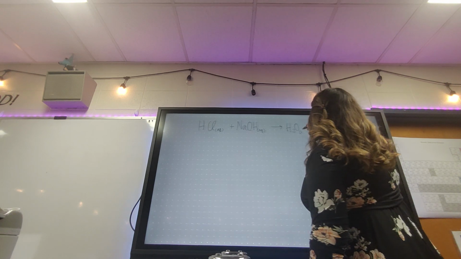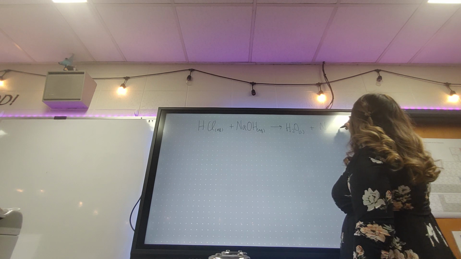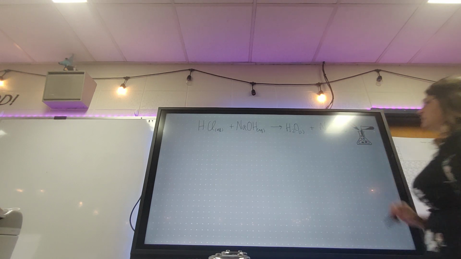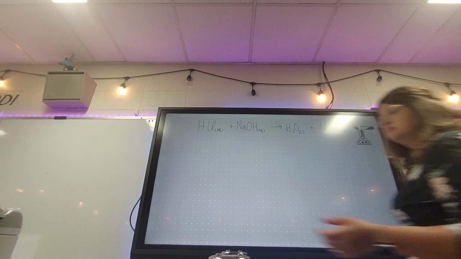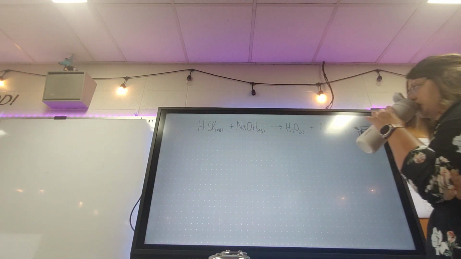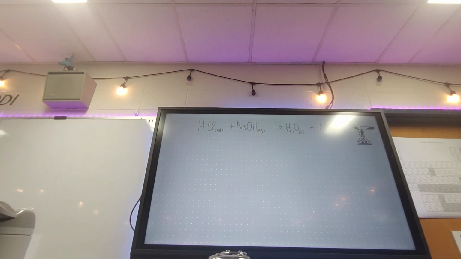Here I have just my most basic acid-base equation. States of matter here are going to be important because it's going to tell us what things we can leave out of the K. Is this reaction balanced? It is.